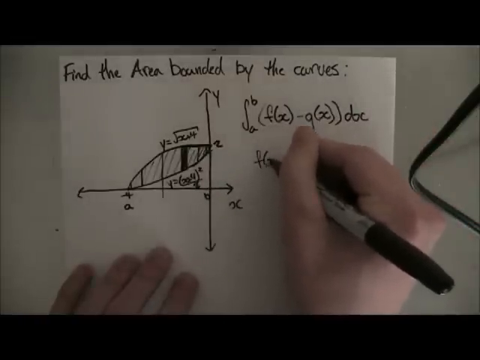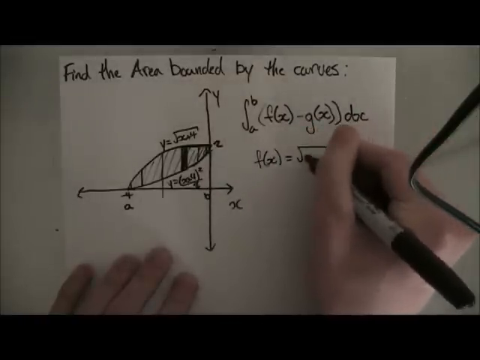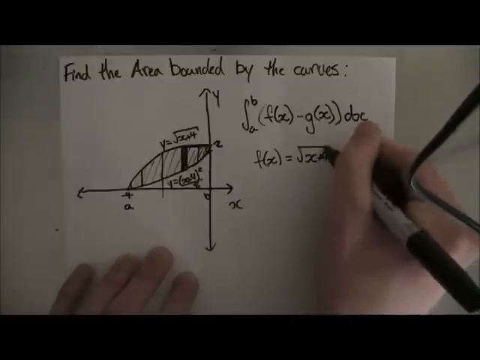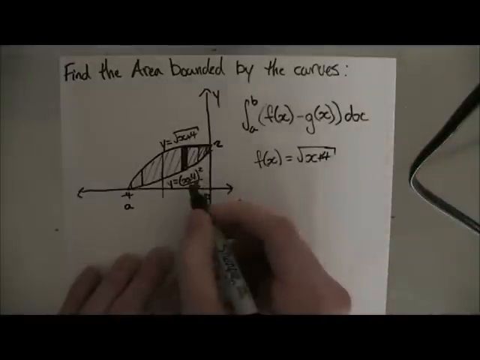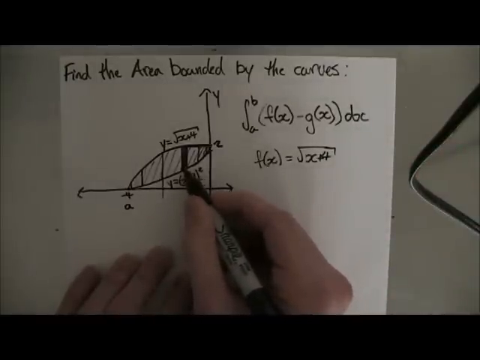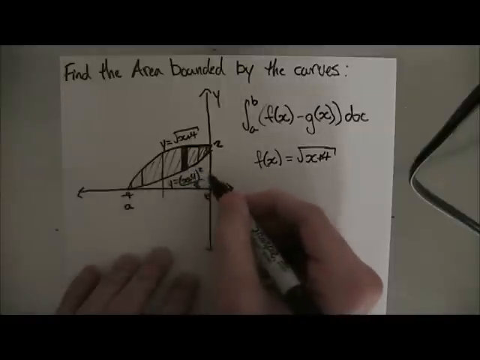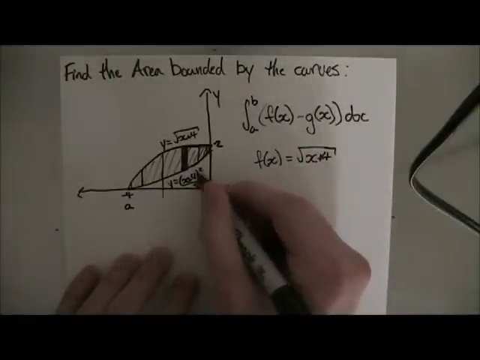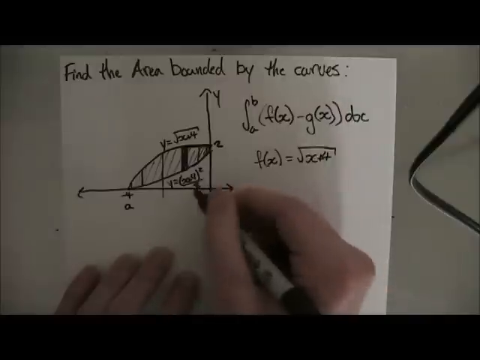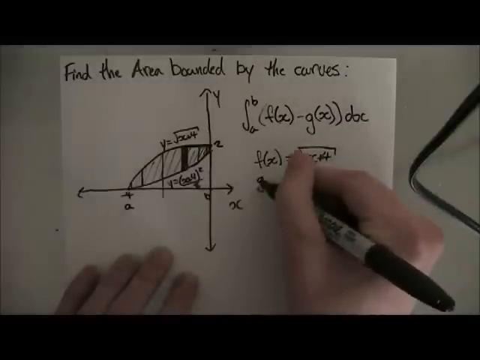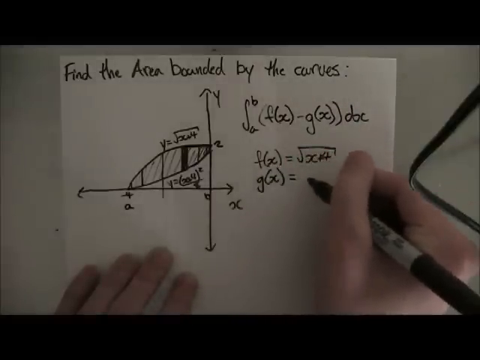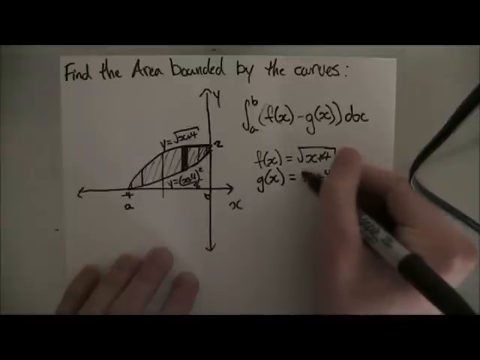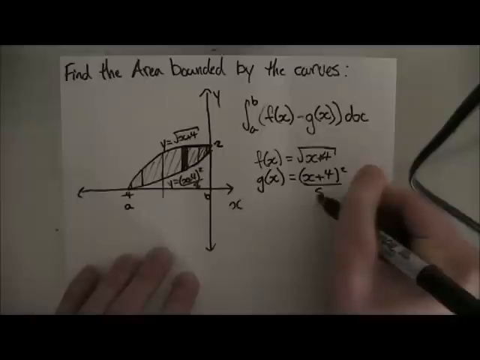You don't have to write this down for each one, but I'm just trying to illustrate it for you guys. And then the function touching the bottom of our vertical rectangle is y equals (x plus 4) squared over 8. So that's our g of x, that's our lower function: (x plus 4) squared over 8.